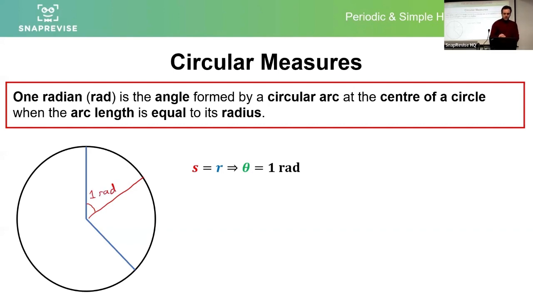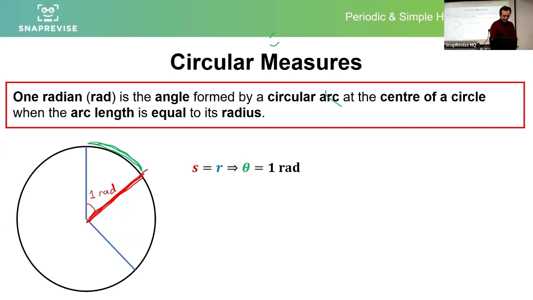And in my drawing, you can see that 1 radian is calculated such that this red length here, if I change my ink color, is exactly equal to my arc length here.